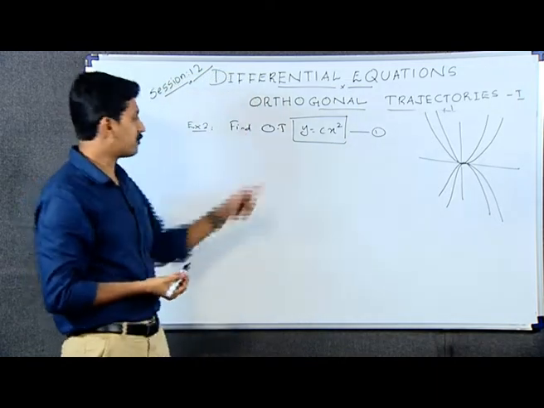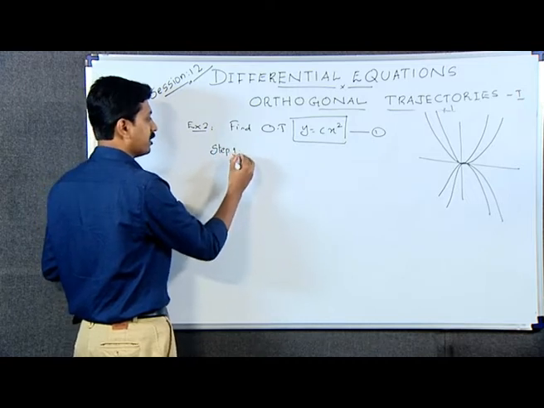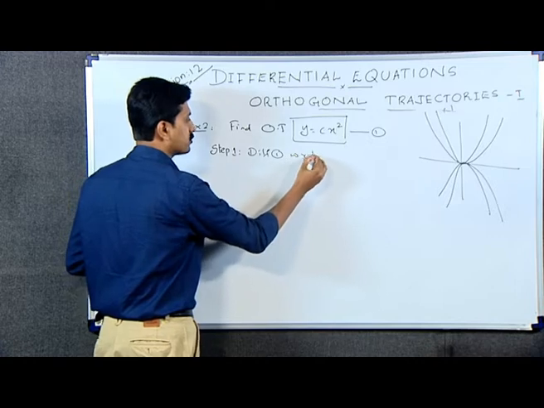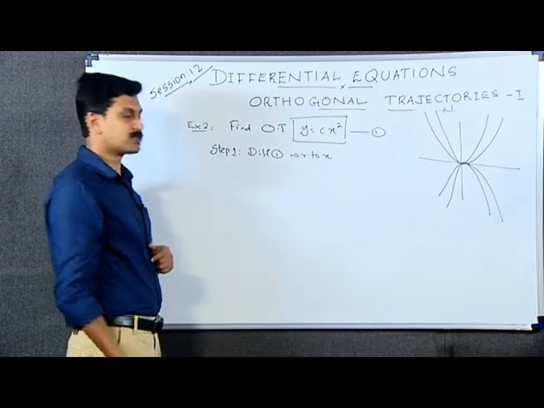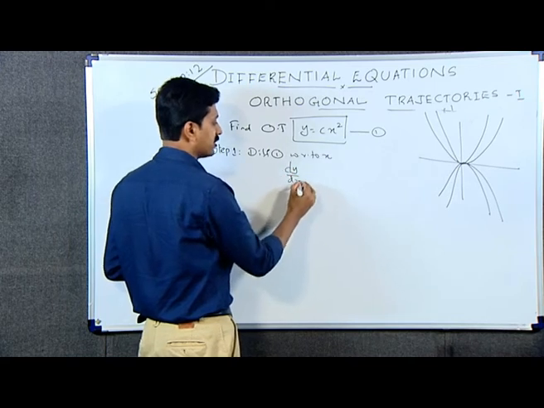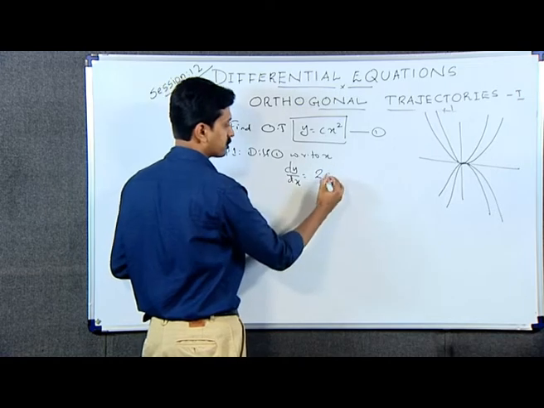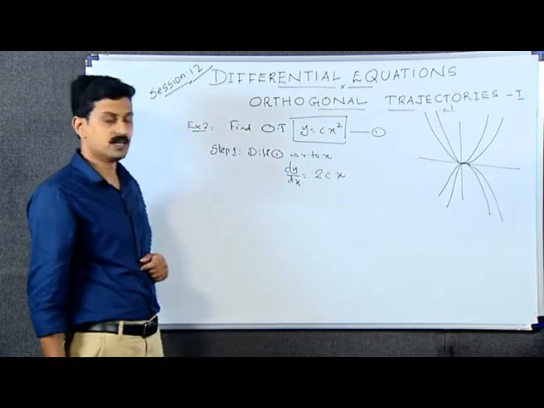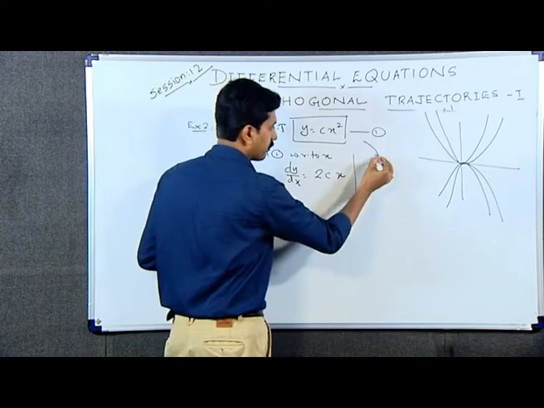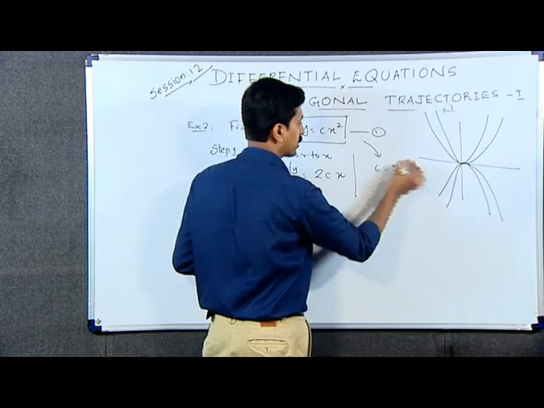As we did earlier, what will we do in step 1? We differentiate 1 with respect to x. So, we will have dy by dx is equal to 2cx. Now, this is a differential equation corresponding to 1. From 1, we have the value of c is equal to y by x square.